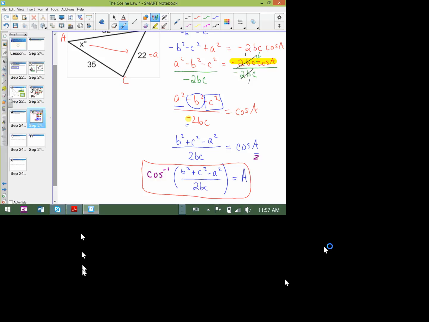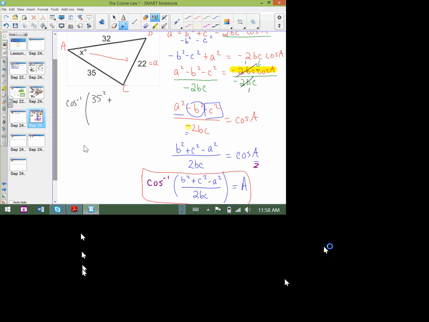Let's substitute into this: the inverse cosine of b squared, 35 squared, plus c squared, that's given as 32 squared, minus a squared, which is 22 squared, all over 2bc, so 2 multiplied by 35 multiplied by 32. And that's going to be equal to the value of angle A.